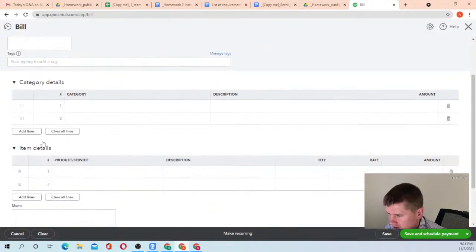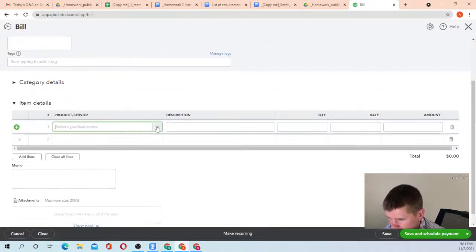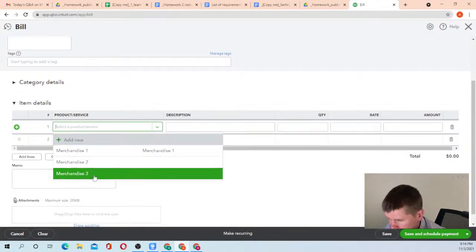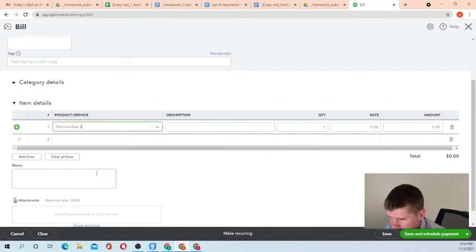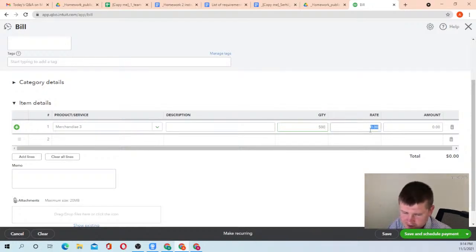For that purchase, you will need to use item details. We already have all that merchandise here. So let's say we bought merchandise 3, 500 items, and we paid $5 per item. So that ended up 2,500.